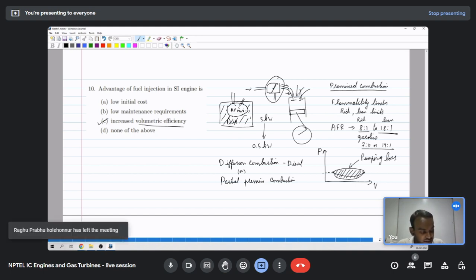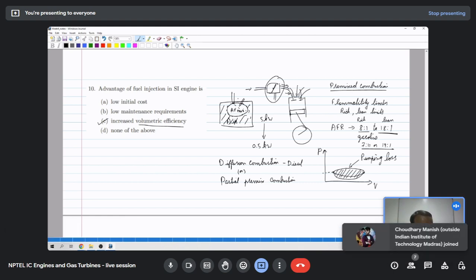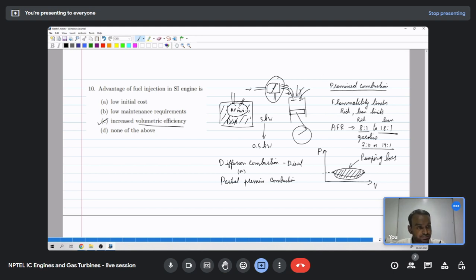Now only this region has to be within the flammability limit, and you can have less fuel compared to the premixed combustion case. Because of this, you need not have a throttle body for a direct injection SI engine. So you get the benefits of avoiding pumping loss and you have high volumetric efficiency.